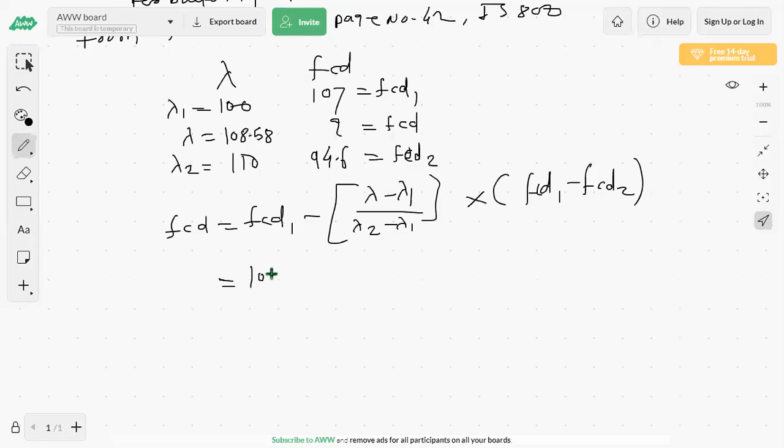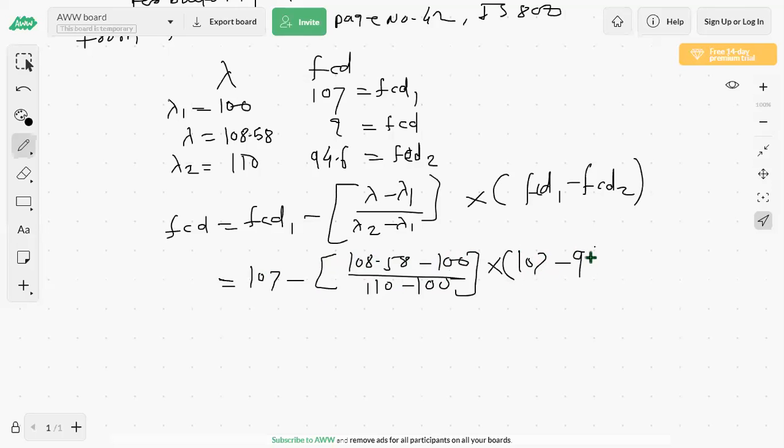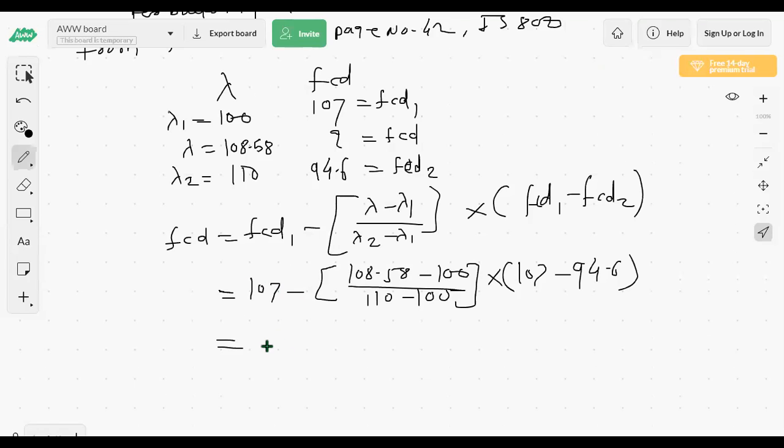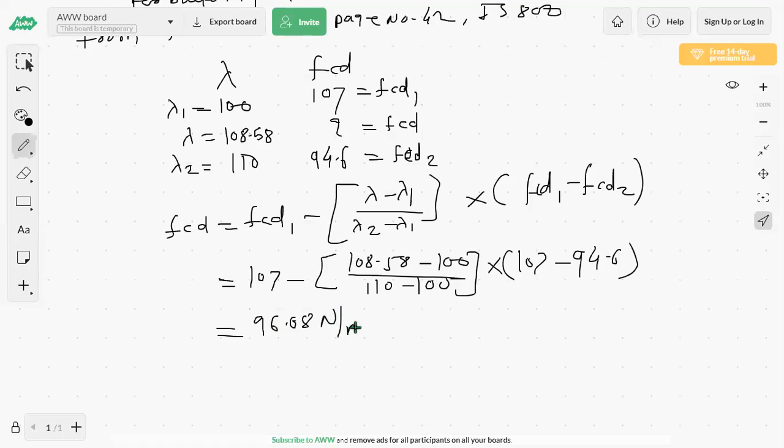So FCD1 is 107 minus (108.58 minus 100) divided by (110 minus 100) into (107 minus 94.6). So how much is FCD? Newton per mm square, because this is the design compressive stress.